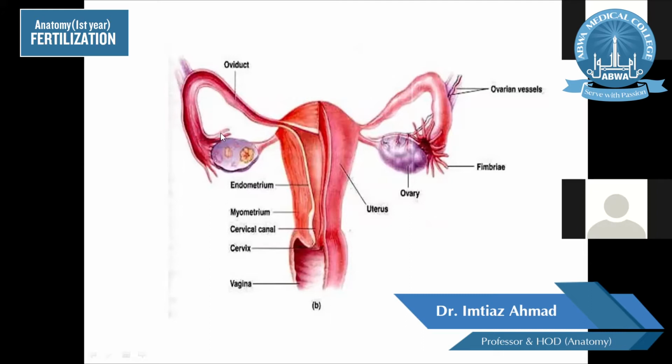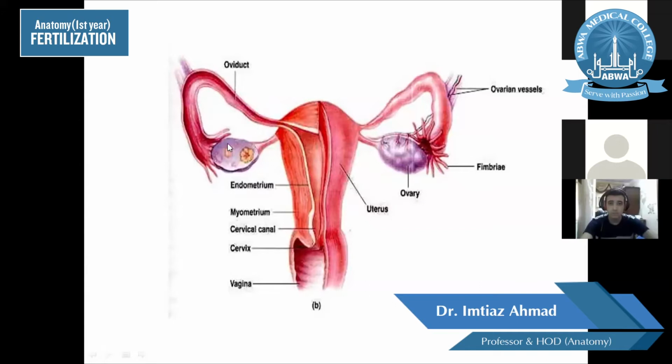The distal part of the ampulla has finger-like projections which hang over the surface of the ovaries. From here, the female gamete is coming out, and here the male gamete comes, and they unite together. The process known as the fertilization. We'll see.